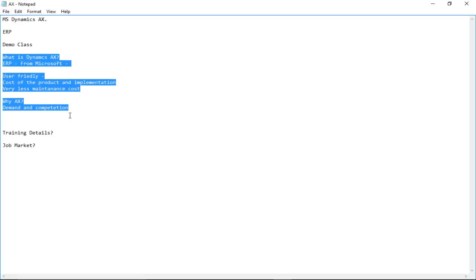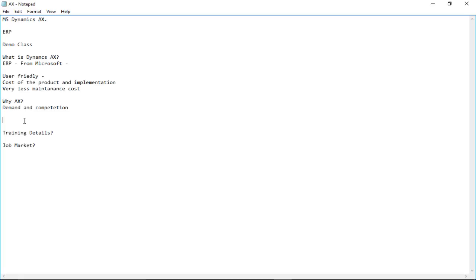If you want to learn an ERP system and be part of IT companies, and part of your IT career, then you can choose this AX. This is the best option, rather than going for other ERP systems.